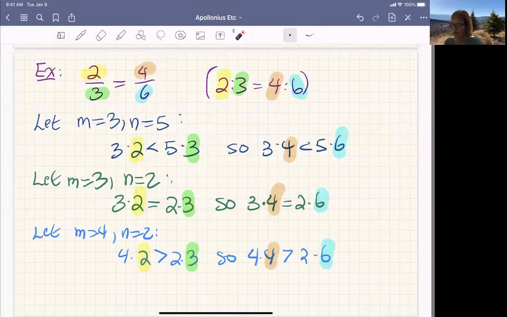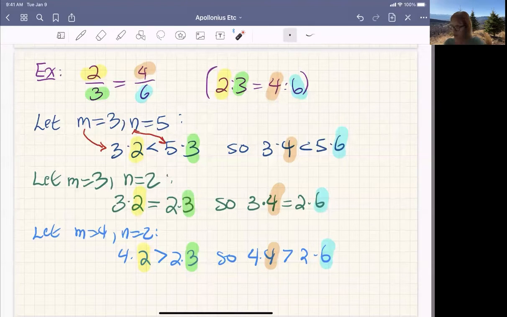So I'm going to multiply m times the first number, and it happens to be less than n times the second number. So since that's true, if you multiply m times 4, it will also be less than n times 6.